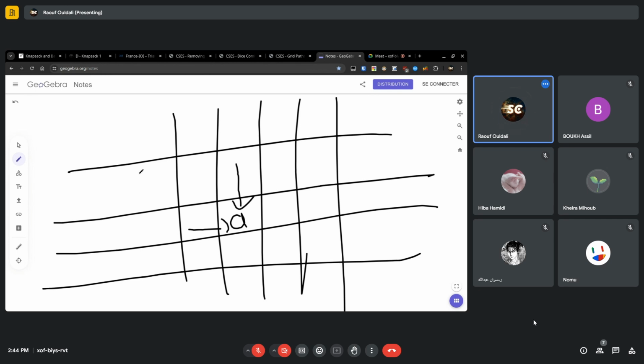So the number of paths to go to A is the number of paths to go to here plus the number of paths to go to here. And if this is a trap, then the number of paths to go to here is obviously 0.